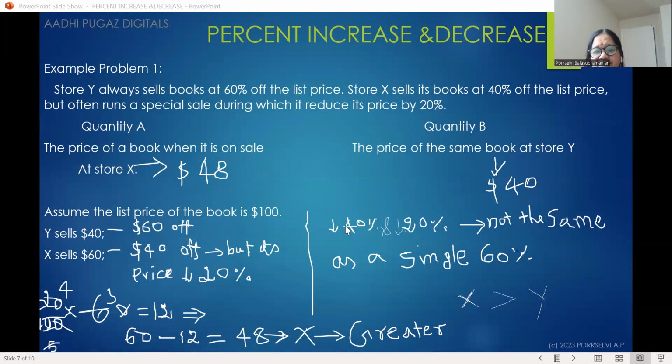Okay, 40% reduced and 20% reduced, the value is not the same as a single reduction.